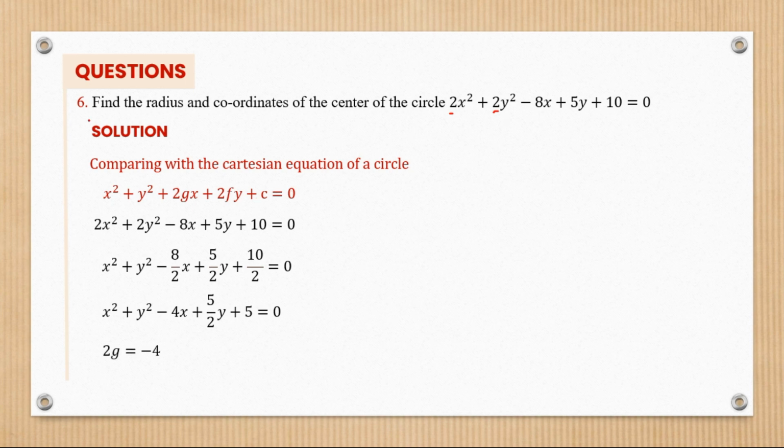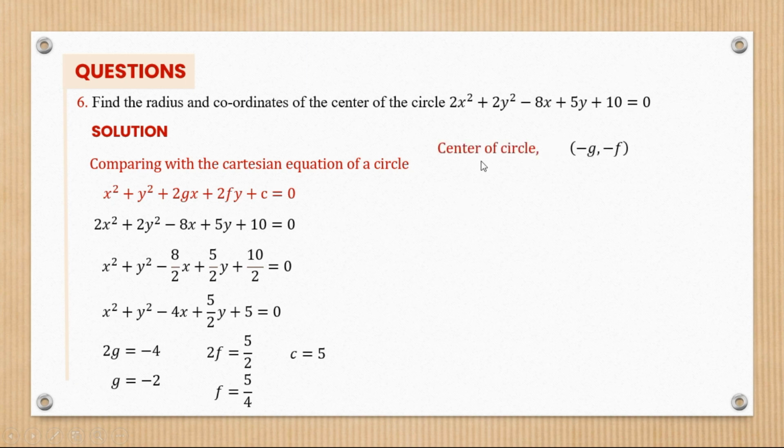So first of all, I can see that this 2gx or this 2g shall be equal to negative 4, of which g shall be equal to negative 2. I can also see that 2f shall be equal to 5 over 2, of which f shall be equal to 5 over 4. Then I'll have c being equal to 5. So now I can see that since I have the values of g and f, I can actually now state the coordinates of the center.